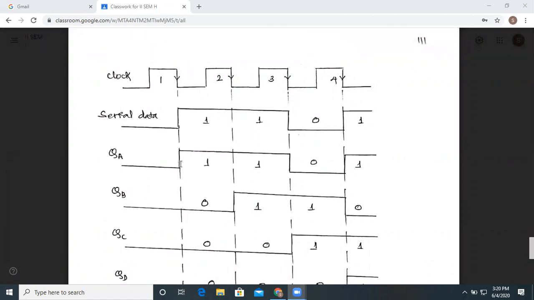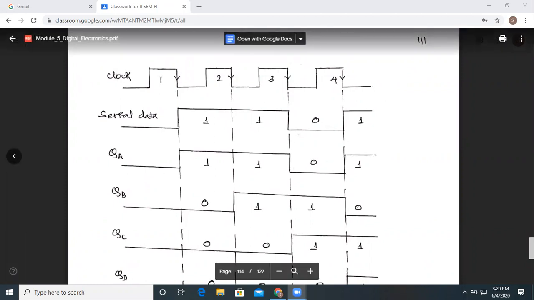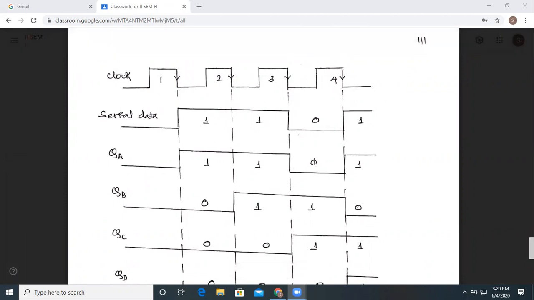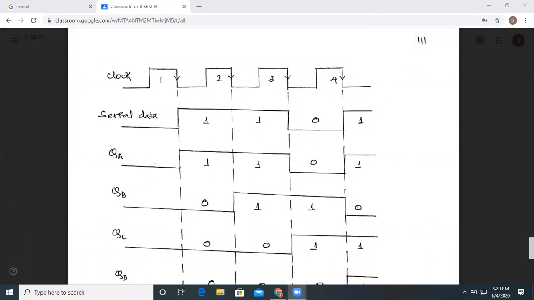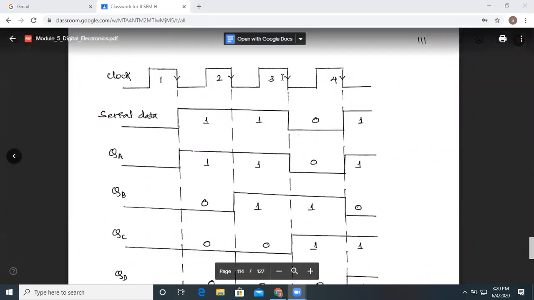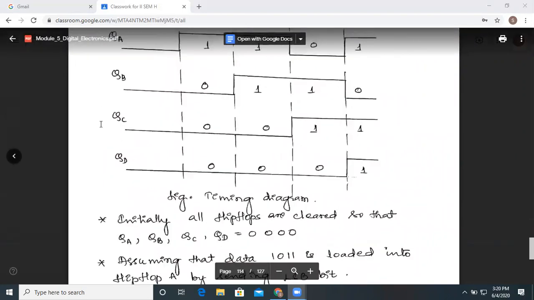QA will be enabled for 2 clock pulses and then it goes 0 and 1. This is the QA output and this will be the QB output, because the data appears through it after 1 clock pulse. That is why it changes its state during the negative edge of the second clock pulse. So QB is 0, 1, 1, 0. The same thing applies to QC as well as QD.